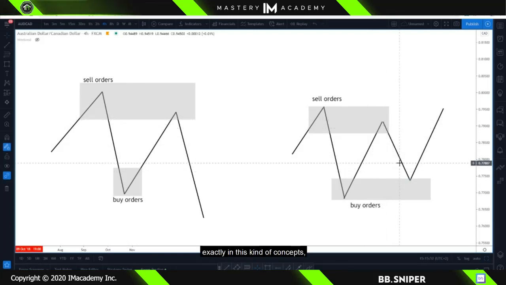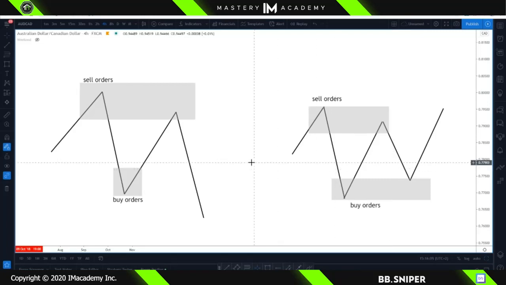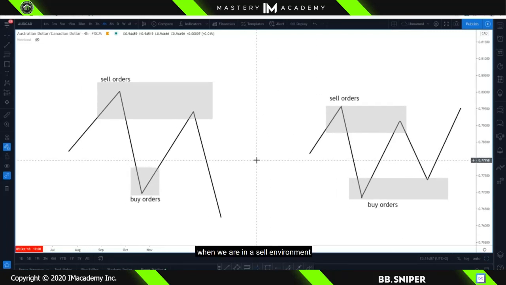Because a lot of times we're going to find out that exactly in this kind of concept, we have reversals happening in the marketplace. When the market is going from a bearish side into the bullish, from bullish side to the bearish, it works in both directions, right? So to run it up, when we are in a sell environment and we are expecting a downtrend, we are expecting the market to create lower highs and lower lows.